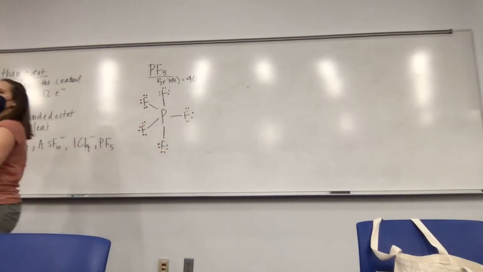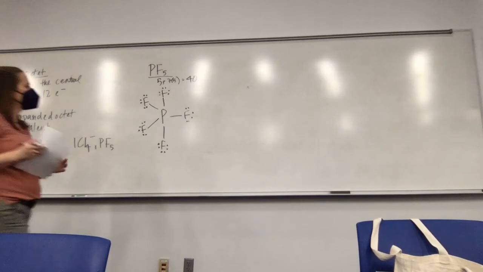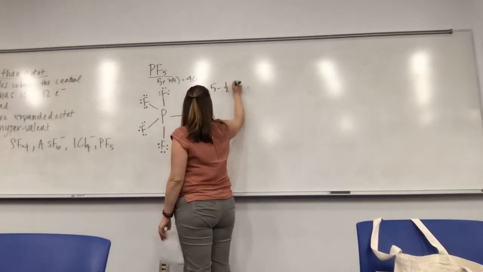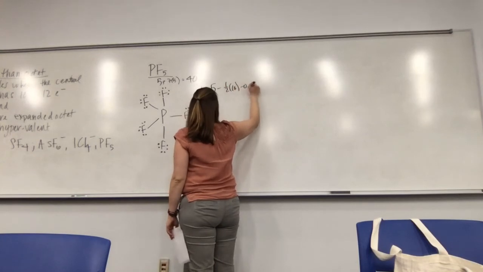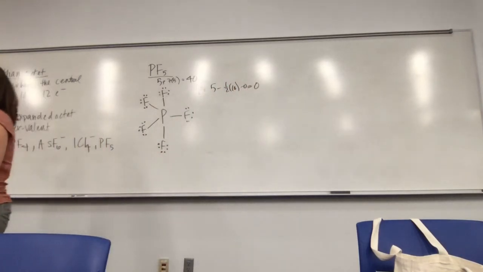So I've used all 40 of my valence electrons. So we're out, but the formal charge on fluorine is 0, and the formal charge on phosphorus is 5 minus half of 10 minus 0, which is 0. So none of these have a formal charge.